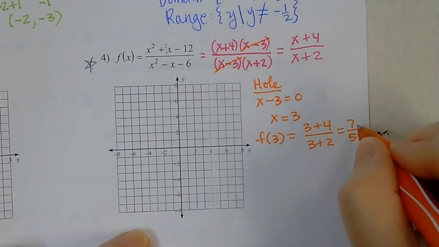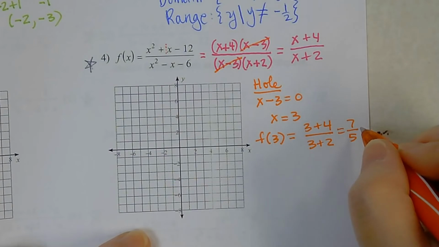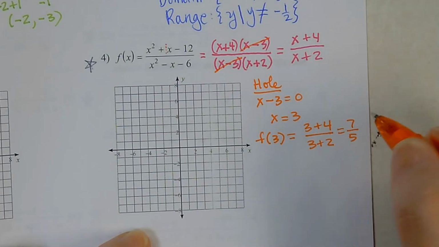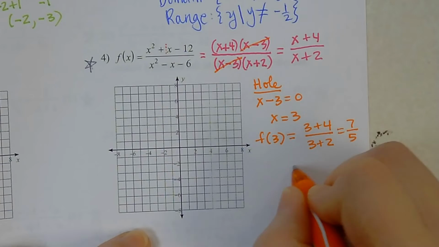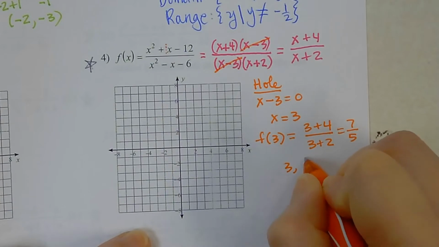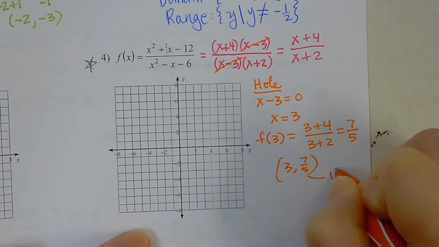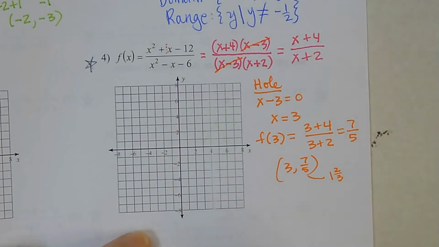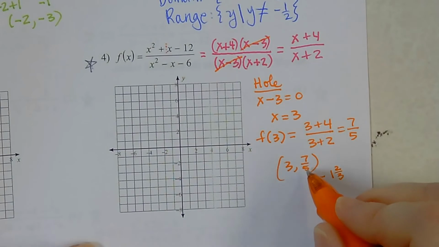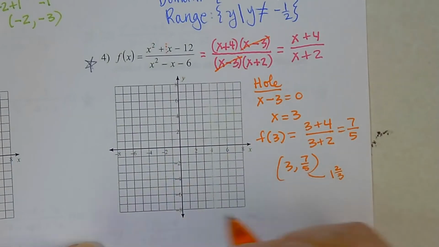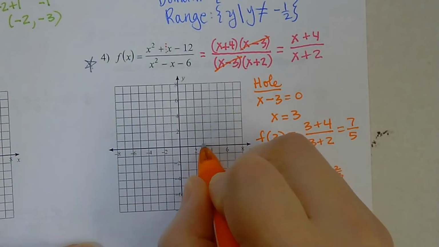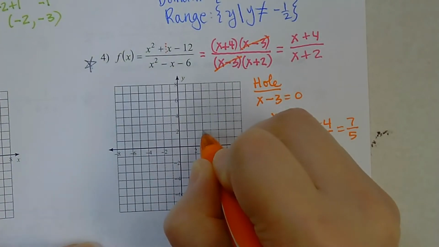Which is like 1.4 or 1 2/5. Either way, so we got 3, 7/5. We know, again, this is 1 2/5, because 5 goes into 7 one time with a remainder of 2. So 3 and 1.4, it's closer to the 1.